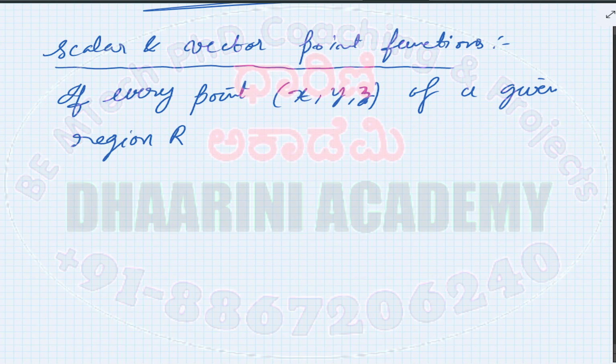Let's denote that region by capital R. So what do you mean by this capital R? This capital R represents, maybe it can be a curve, or it can be a surface area, it can be a volume, right? Anything, right?